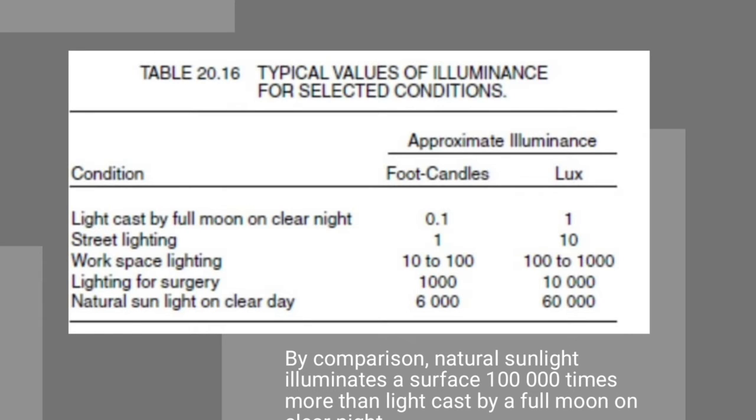By comparison, natural sunlight illuminates a surface 100 times more than light cast by a full moon on a clear night.